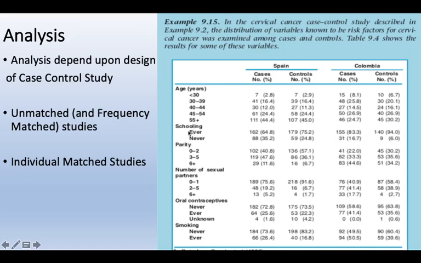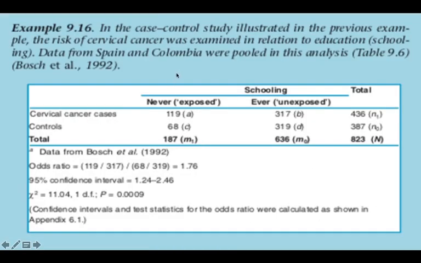Then I am going to compare it with the exposure factor, whether schooling, exposure or non-exposure, has any association with cervical cancer. Here, looking at cervical cancer cases with the schooling factor, never exposed or ever exposed, 199, ever exposure 317, controls 68, ever is equal to 319.